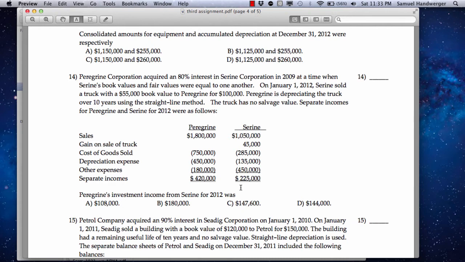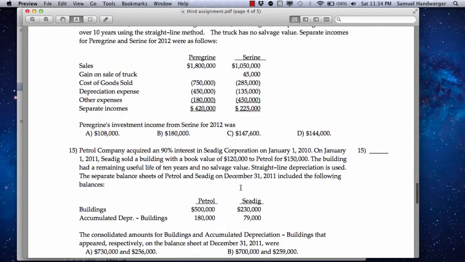One more time for good measure. 225,000 minus 45,000, which is the gain, plus the excess depreciation, which I calculated as 4,500, gives me 184,500. The percentage is 80%. That's 147.6. That looks like C. And indeed, C is the correct answer.